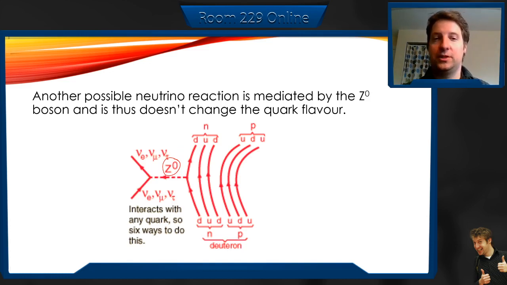This is very difficult to see. It's another possible way of happening, but we can't actually see this in a detector. It's just not very useful for us from the point of view of detecting neutrinos.